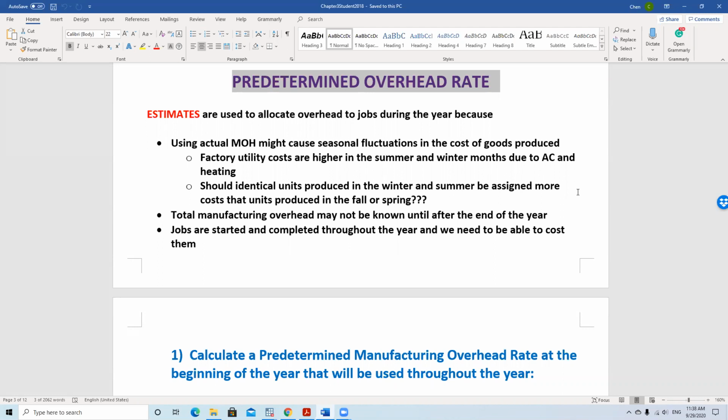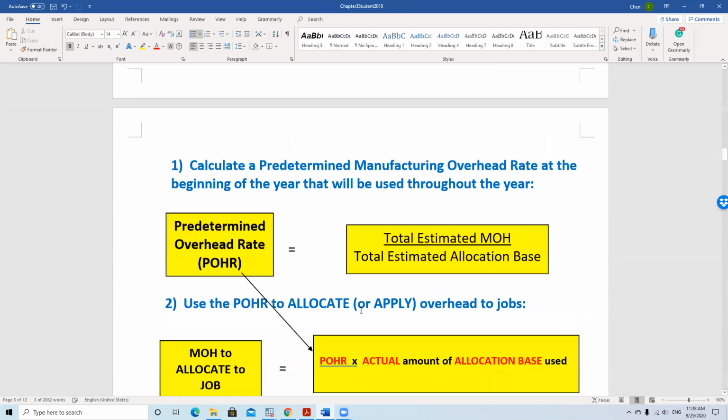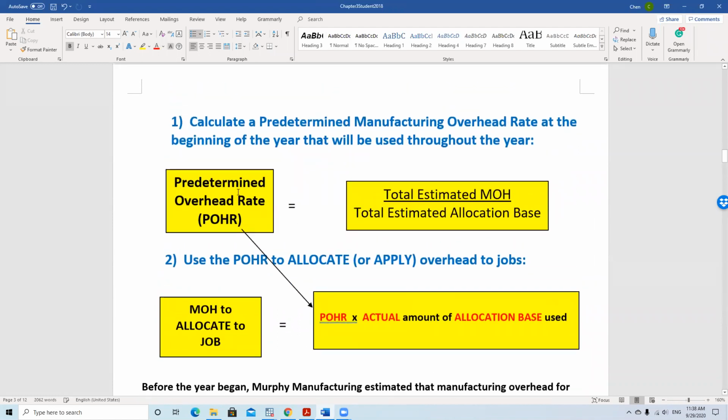And then, so we're gonna do a predetermined overhead rate during the year, and then use the predetermined overhead rate to calculate the allocated overhead. So try to remember, in my in-person classes, I always write down on the board about this predetermined overhead rate a lot of times.